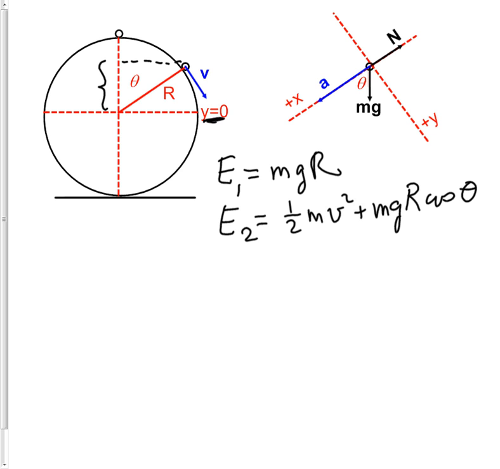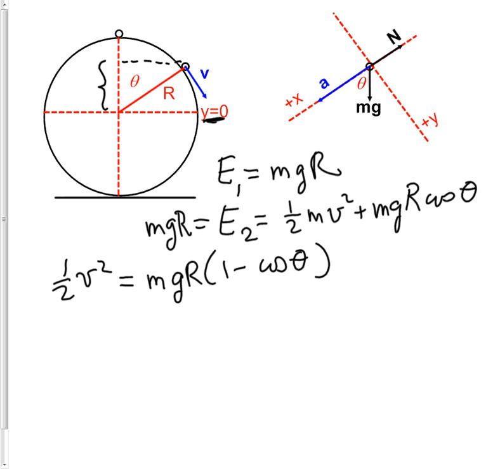And so energy conservation says that when we set these equal to each other, this has got to be equal to mgr. And so when you set these equal to each other, you find that 1/2 of v squared is equal to gr times 1 minus cosine theta.